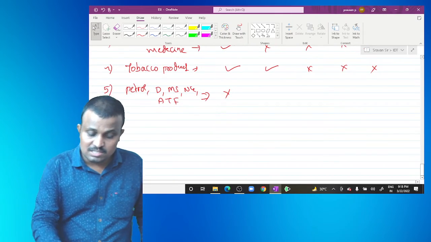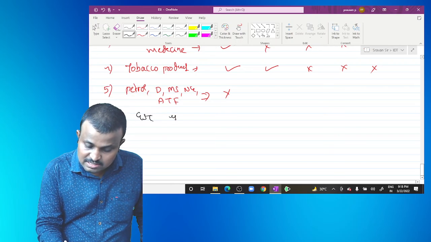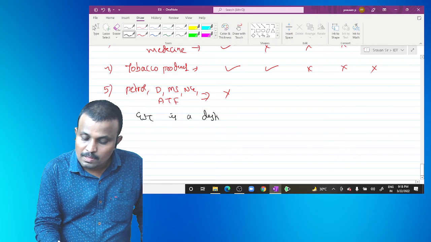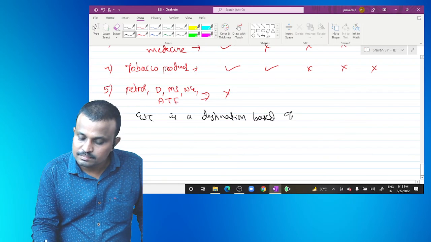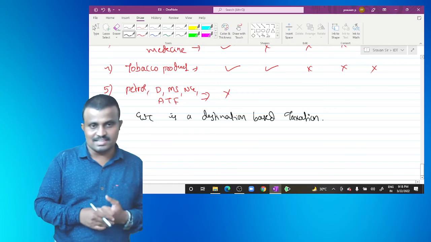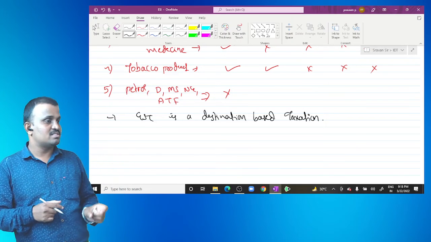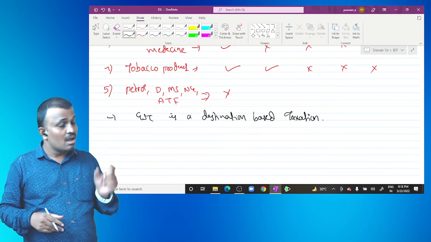And the last and one of the important ones is that GST is a destination based taxation. Generally, there are two types of taxation: origin-based taxation and destination-based taxation.